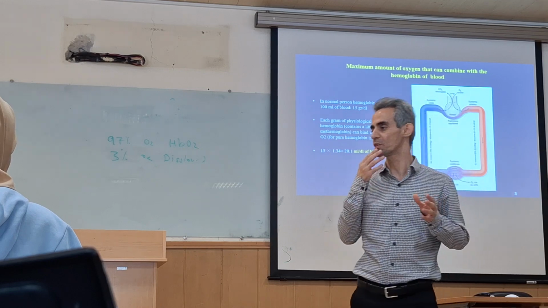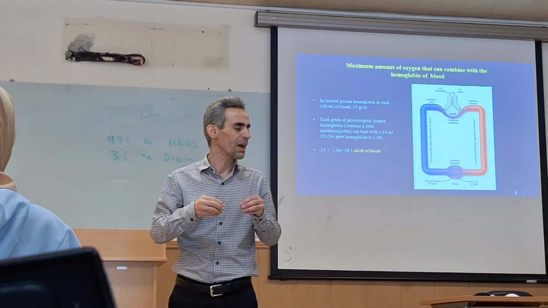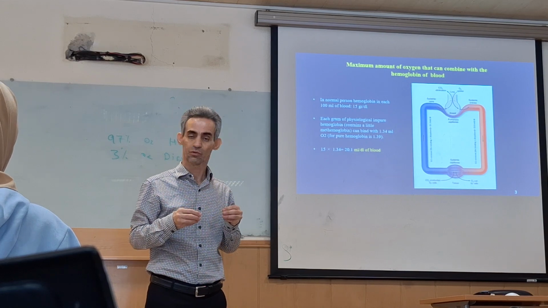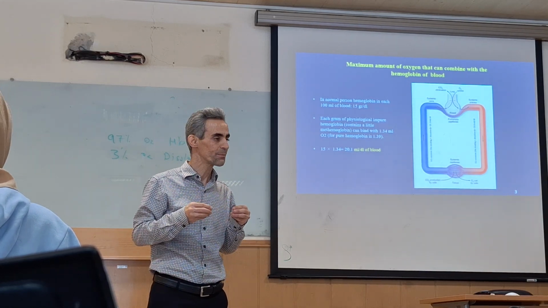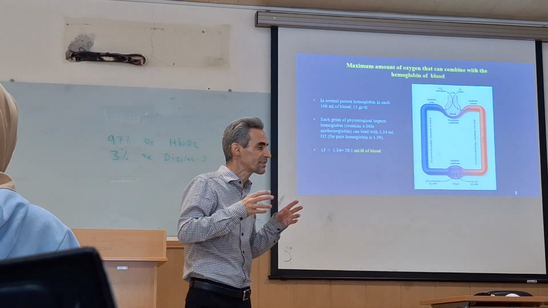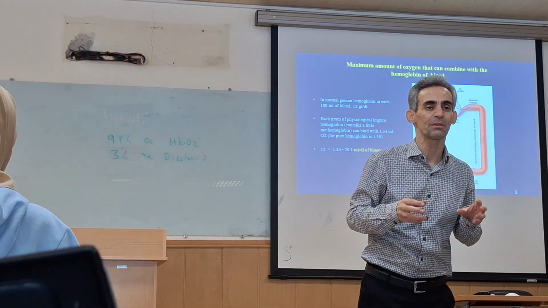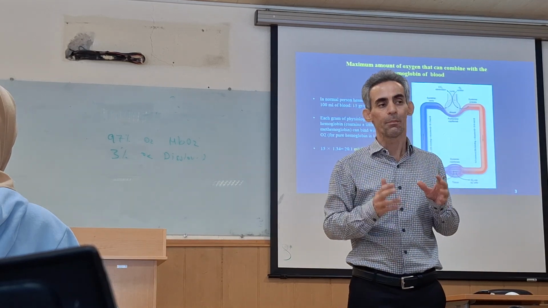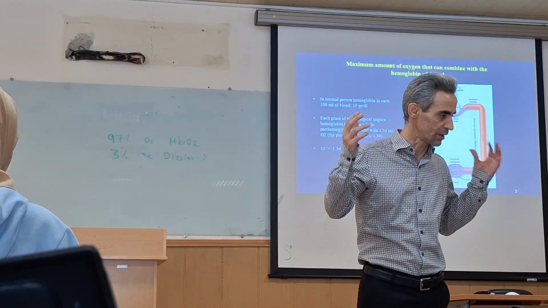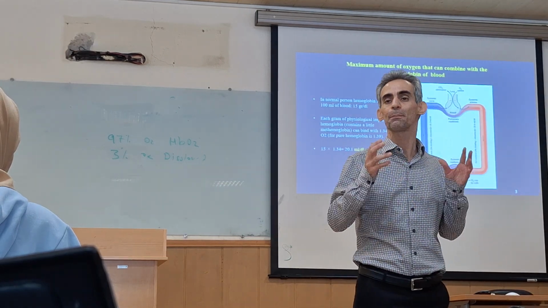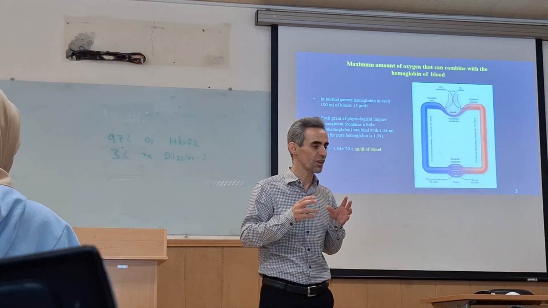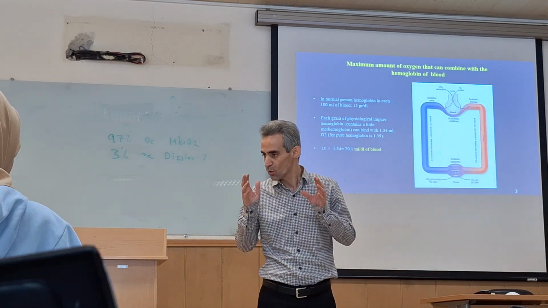But unfortunately, a very low amount of hemoglobin inside of the blood has the Fe3 positive charge. And this type of hemoglobin is named methemoglobin. With methemoglobin, we cannot transport the oxygen. Only with the Fe2 positive charge can we transport the oxygen.